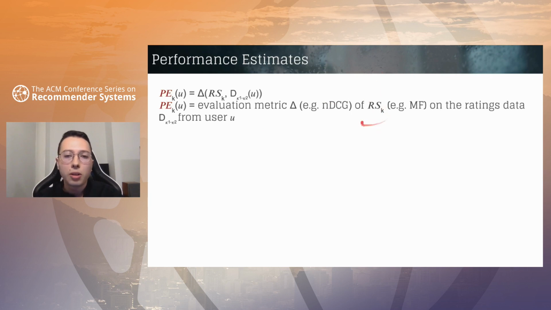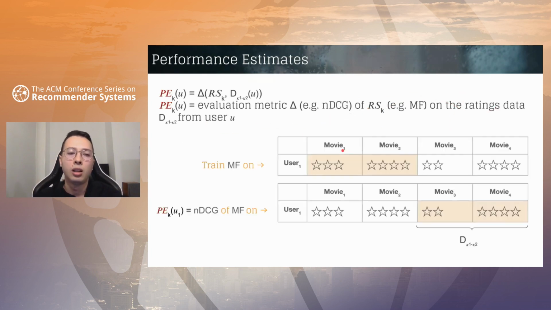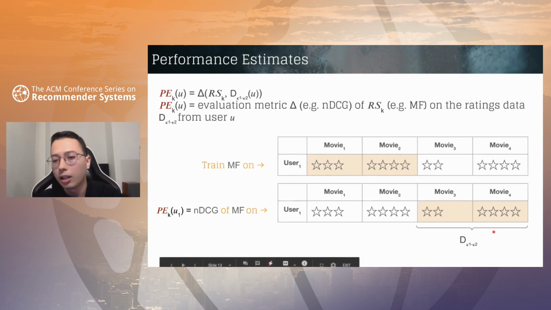We need a base recommender system, for instance matrix factorization, and we use some historical data from the user. We train this model on some data from this user, and the performance estimate is basically the NDCG of this model for this user using this data.